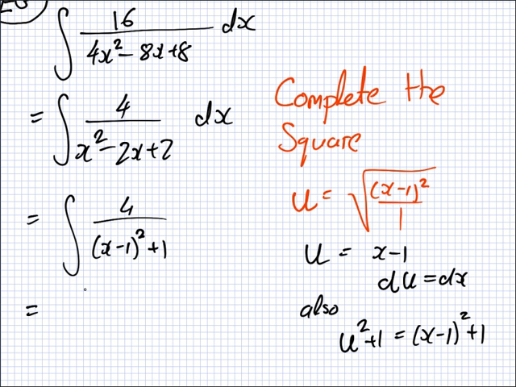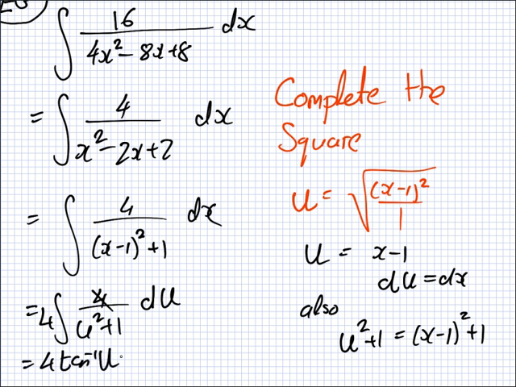So then this is equal to the integral of 4 over u squared plus 1 du. So take the 4 out, and this becomes 4 tan inverse u. So that's equal to 4 tan inverse x minus 1 plus c.